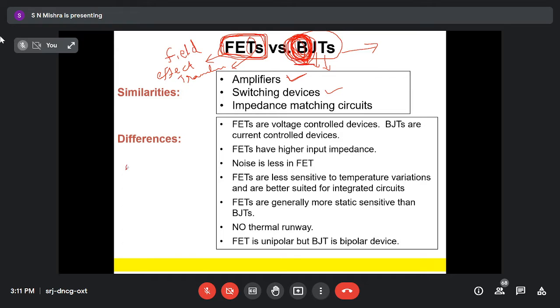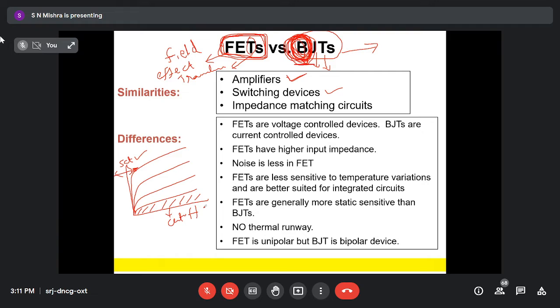If you remember the characteristic of transistor, like this we are getting. Okay, so these are saturation region and these are cutoff region. Cutoff means we are not getting any current, saturation means we are getting maximum current. If I operate my transistor in on condition, I'll operate it in saturation region.